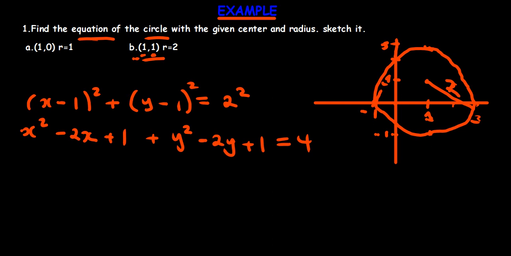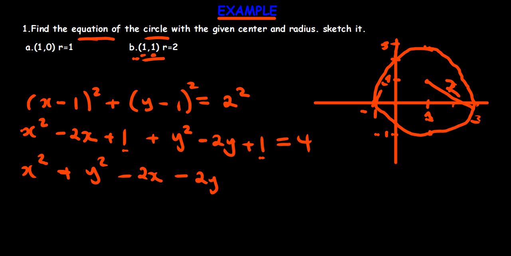Yeah, so you can then write this in the form x squared plus y squared minus 2x minus 2y, then I have 1 plus 1 here. 1 plus 1 is going to be 2.